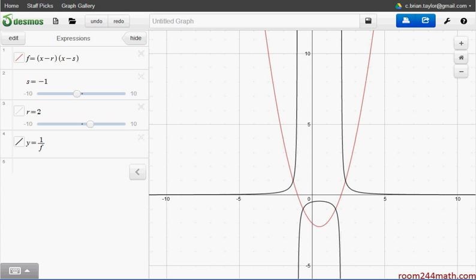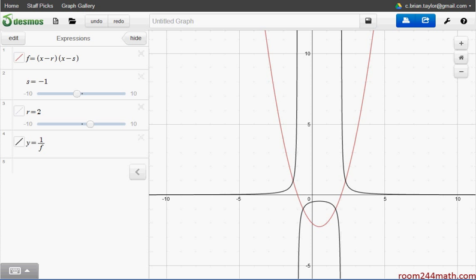And some of this looks pretty familiar. We see the same sort of shape on the left-hand side and on the right-hand side that we saw with linear reciprocal functions. But in the middle, this is a little bit different. So on the left-hand side, as we go further and further to the left, the reciprocal function is getting closer and closer to the x-axis.